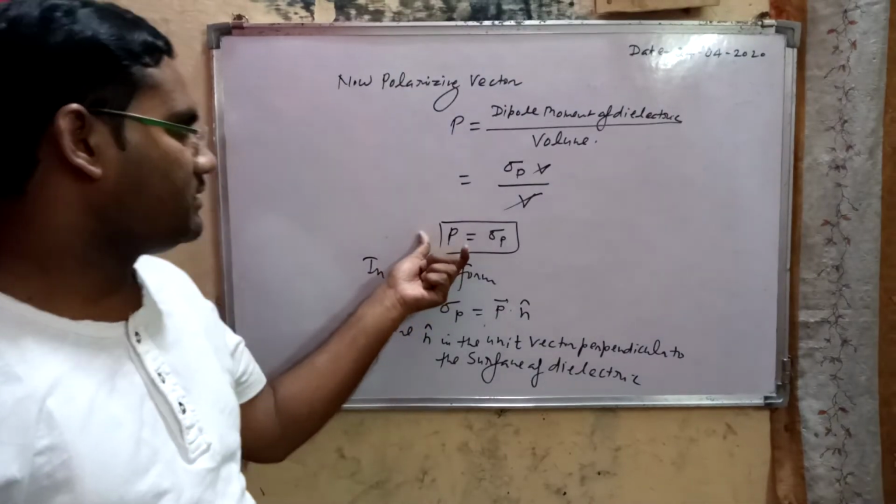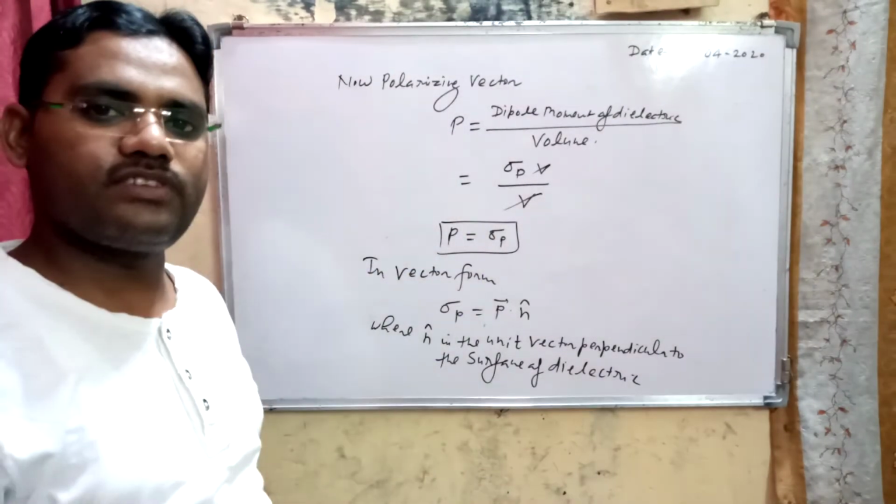Hence here we get a result: the magnitude of the polarization vector is equal to the induced surface charge density.